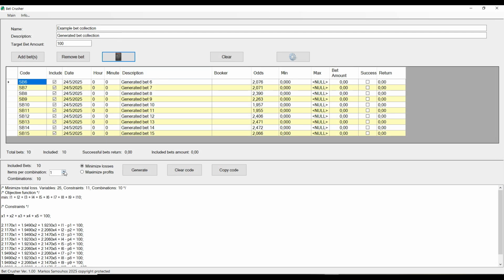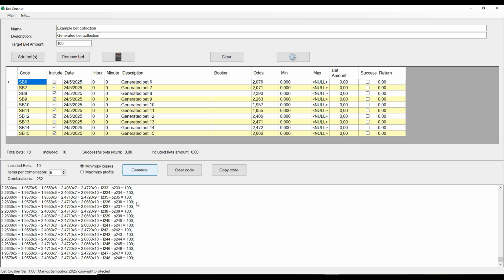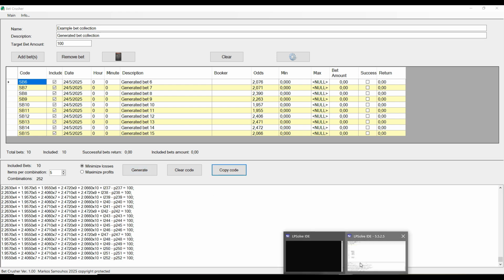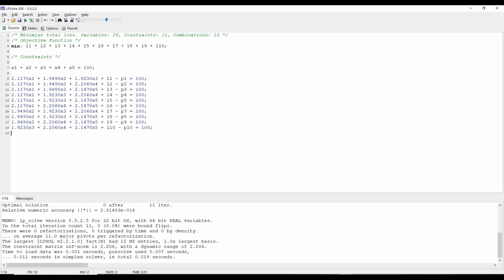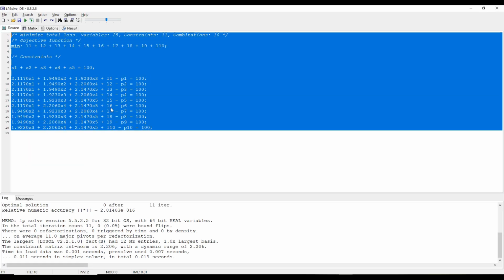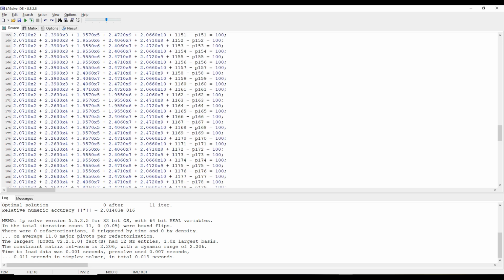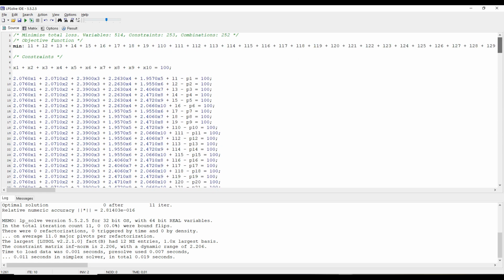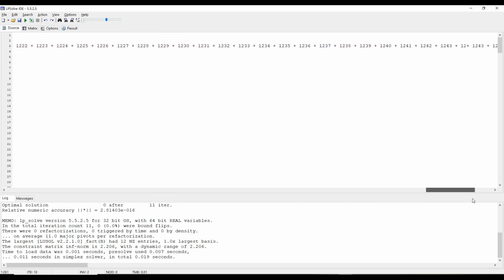This is a big number, of course. You see, as we increase the items per combination, the number of combinations is very big. Let's choose 5 and generate a problem. It's a big problem. Copy code. Let's put this code back to lpsolve, and see how big the objective function is.